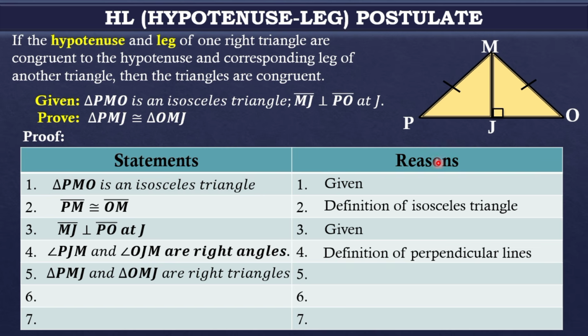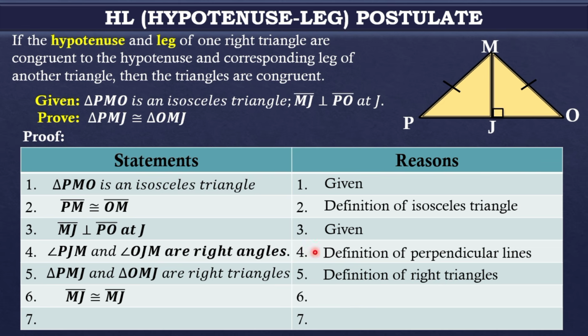So, triangle PMJ and OMJ are right triangles. Why? Because, based on this, you formed right angles, so the two triangles are right triangles. So, we have the definition of right triangles. We can only say that a triangle is a right triangle when it has a right angle.